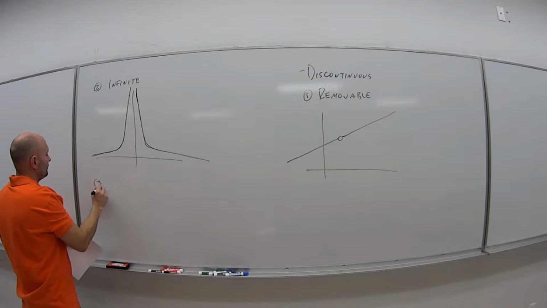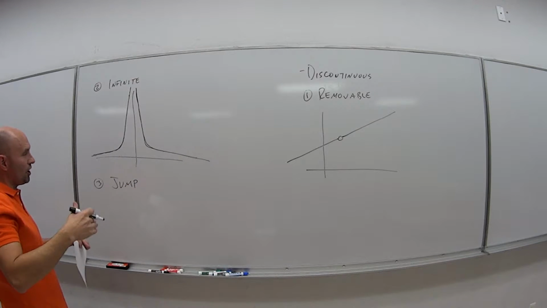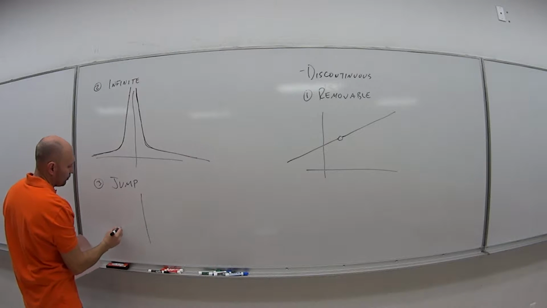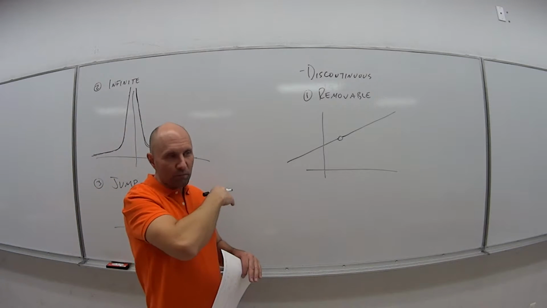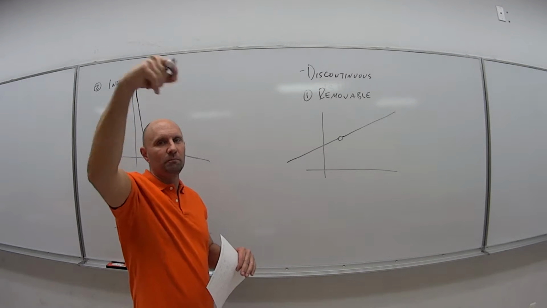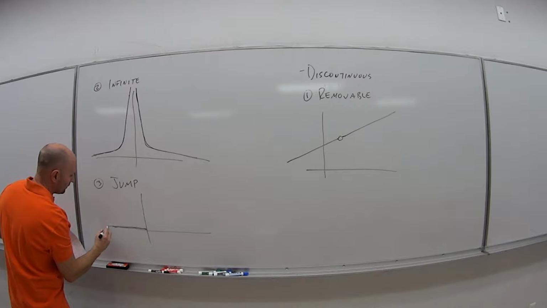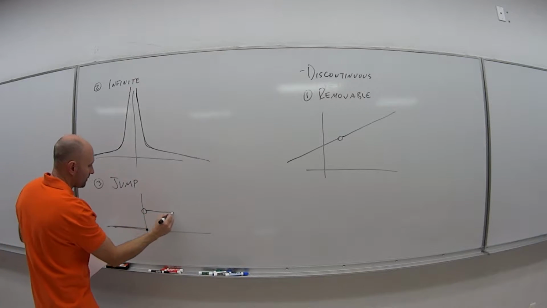And then the third type is what's known as jump discontinuity. So as the name implies with this one, and we had a similar example here with like the light switch, no power, and all of a sudden turn on the switch and you get power. So that one looked like what? It looked like this at 0, and then you have to jump up here to 1.